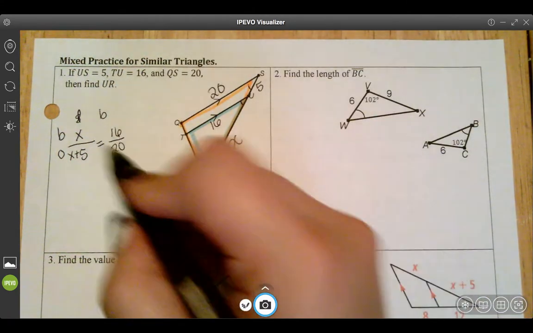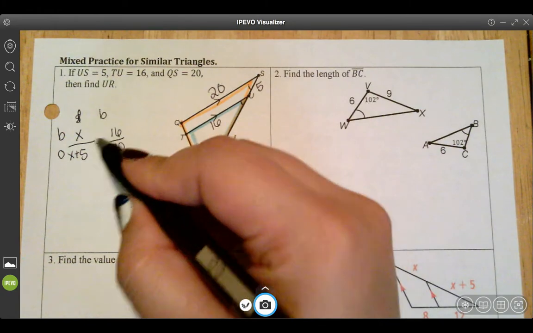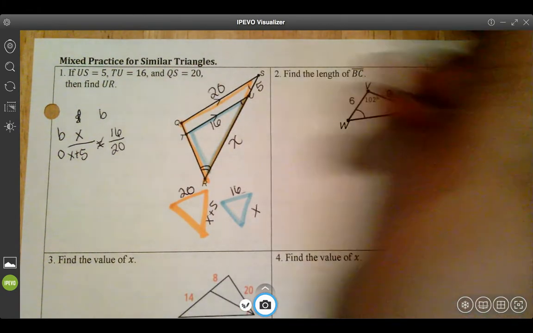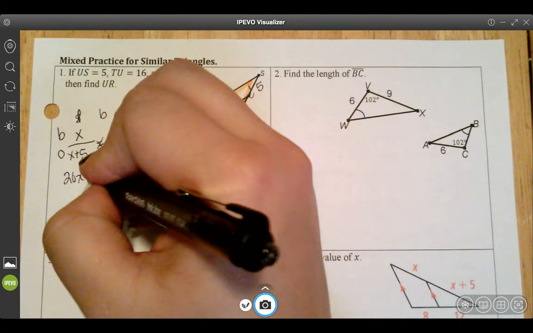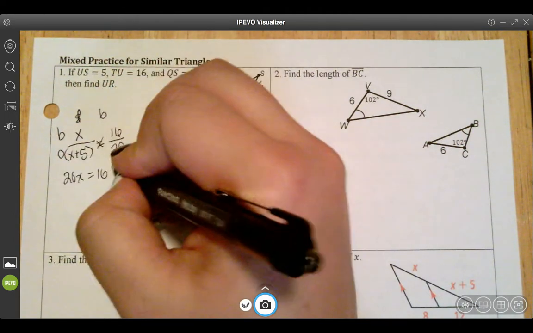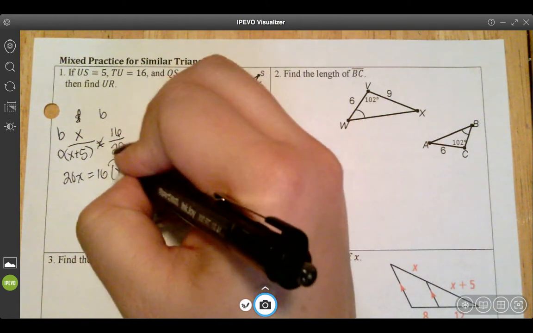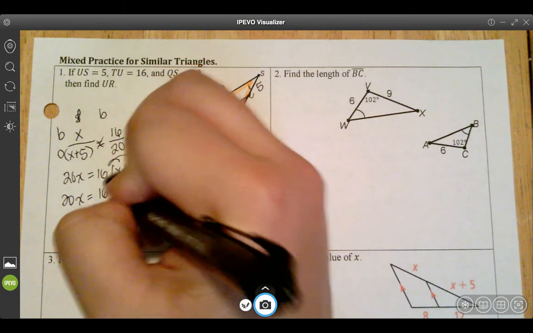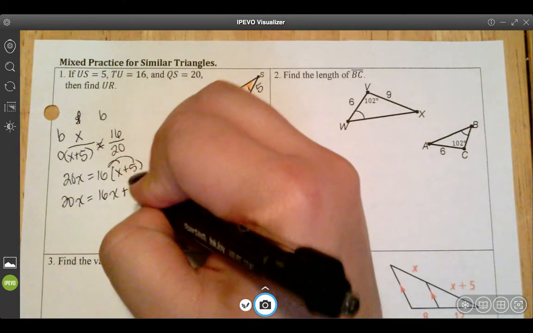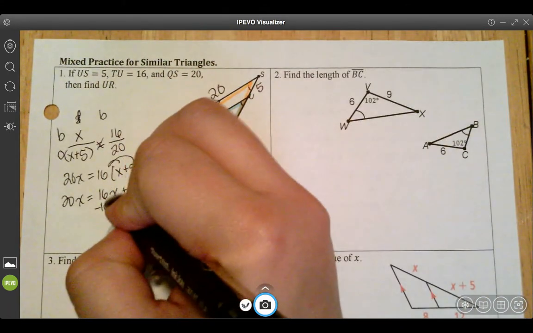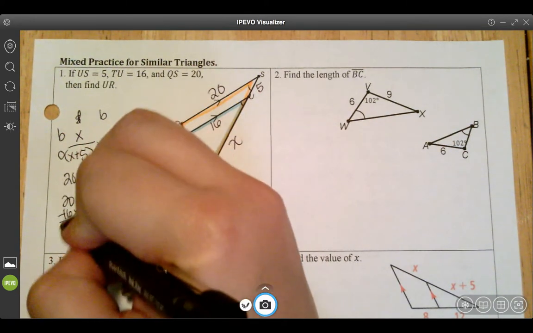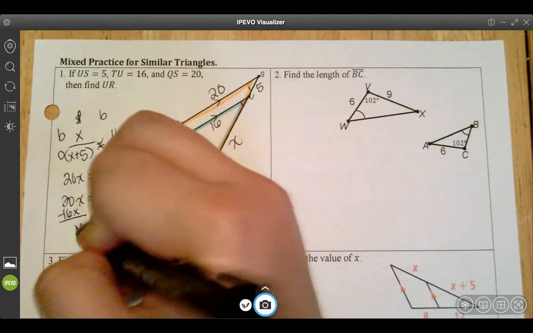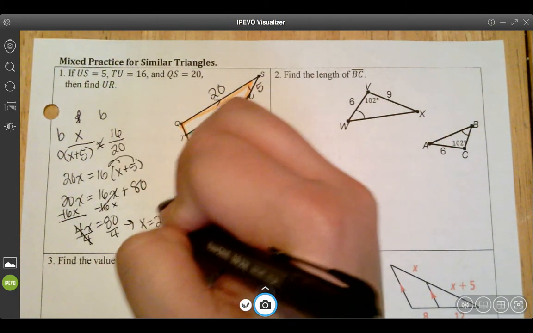And again, there are multiple ways to set up this proportion, but starting with the next step, no matter what, if you're cross multiplying, you should have the same equation. So we get 20x equals 16 times x plus 5, distribute the 16, 20x equals 16x plus 80, minus 16x, 4x equals 80, divide by 4, x equals 20.